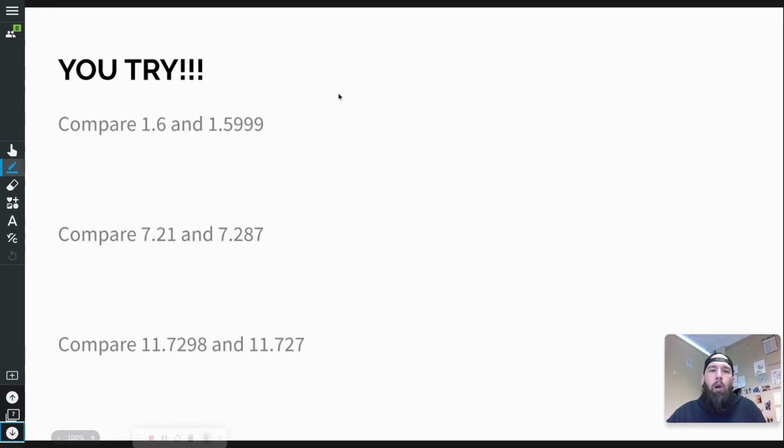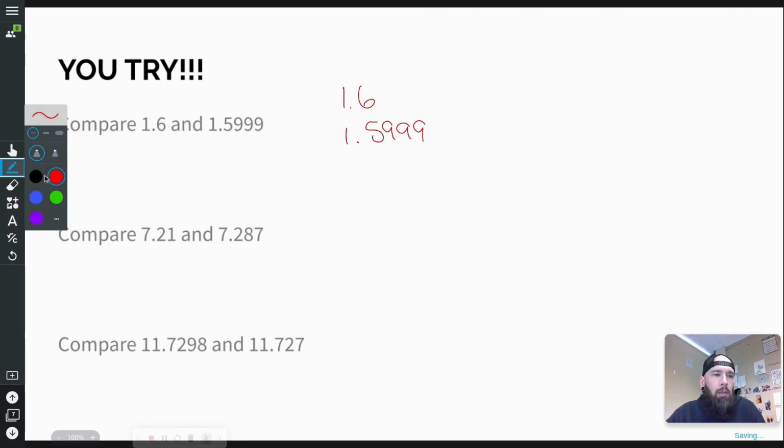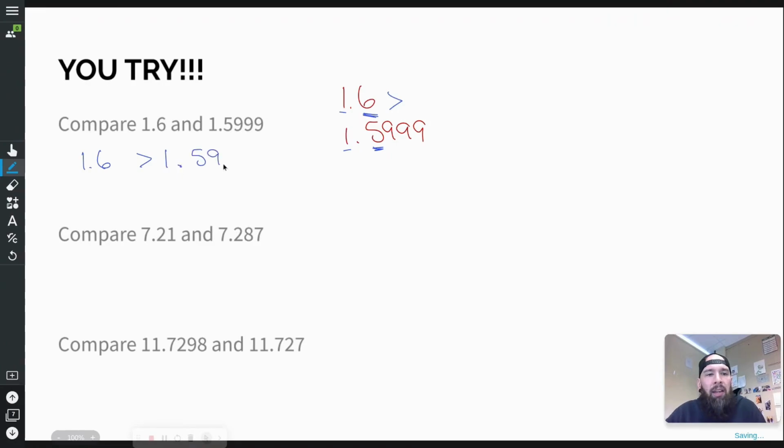Move it along. 1.6, 1.5999. 1's are the same. 6's and 5's are not. 6 is greater than 5, so 1 and 6 tenths is going to be greater than 1 and 5,999 ten thousandths.